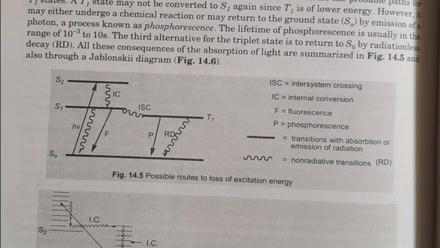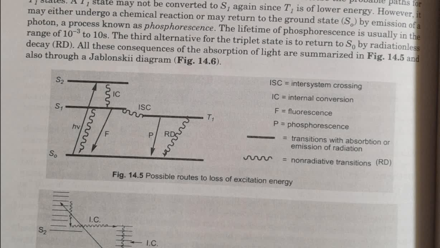So there are four important transitions between energy levels: phosphorescence, fluorescence, internal conversion, intersystem crossing. Internal conversion is from S2 to S1, and S1 to T1 is the intersystem crossing.